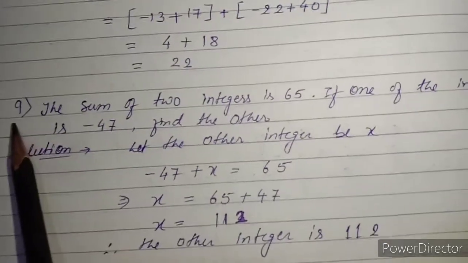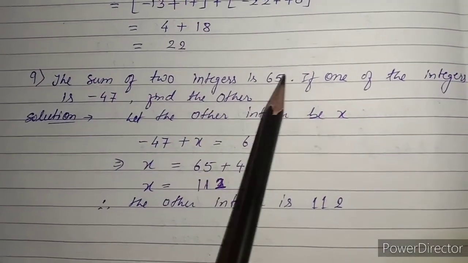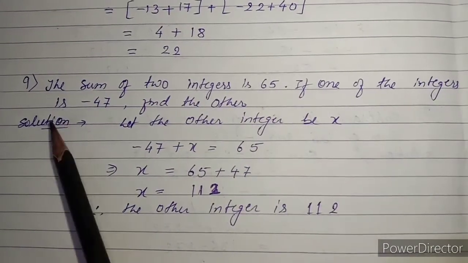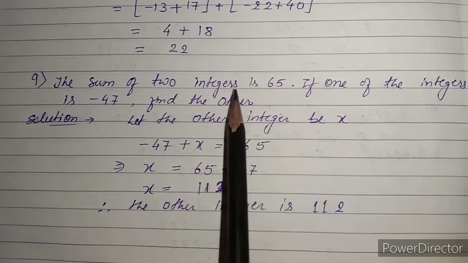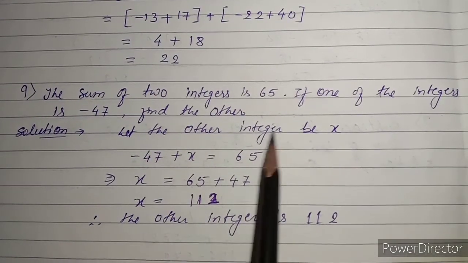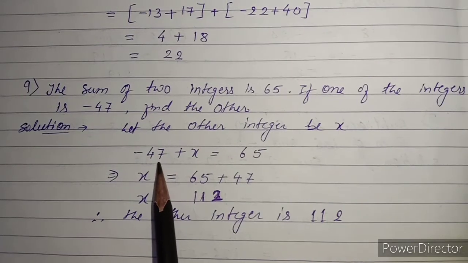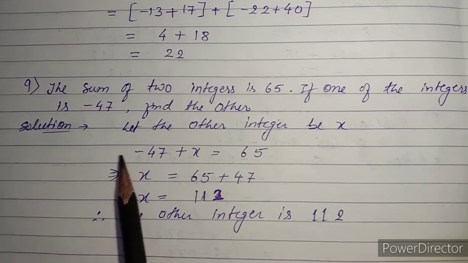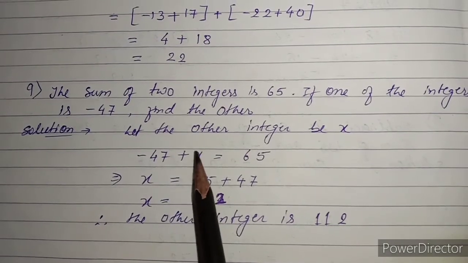Next question is question number 9. The sum of two integers is 65. If one of the integers is minus 47, find the other. In this type of word problem, you should assume the other integer to be x. According to the question, the first integer is given as minus 47, so minus 47 is added to the other integer.